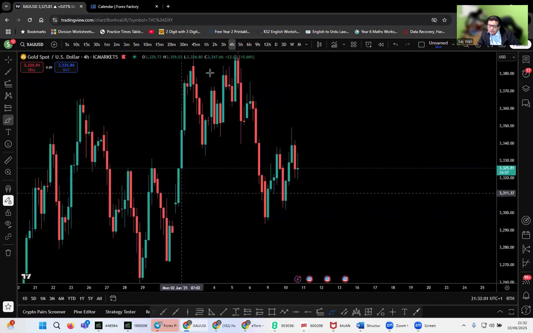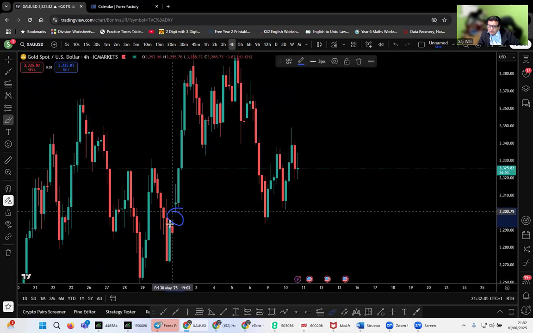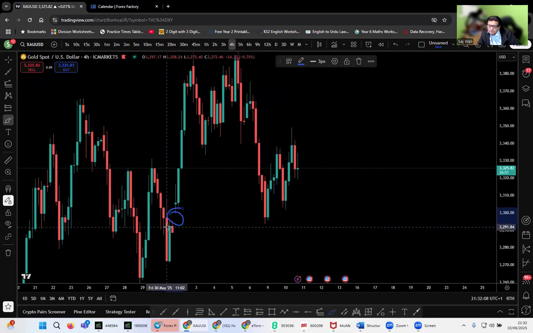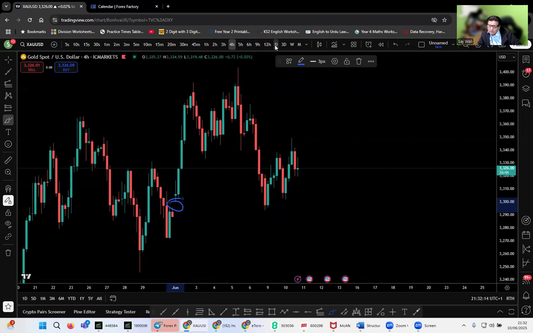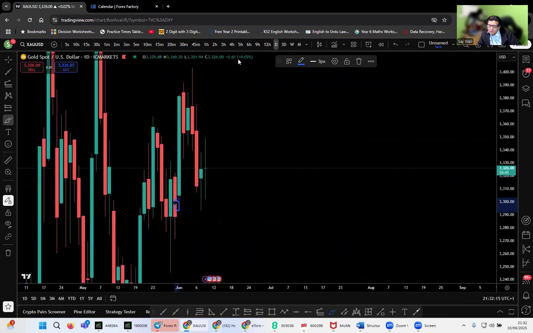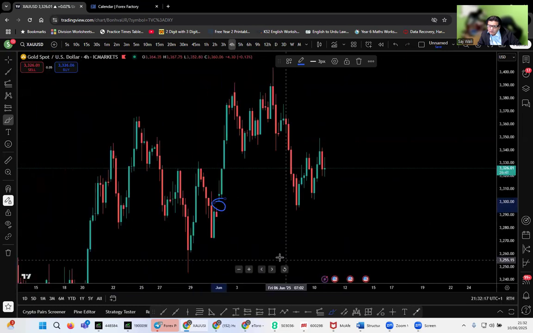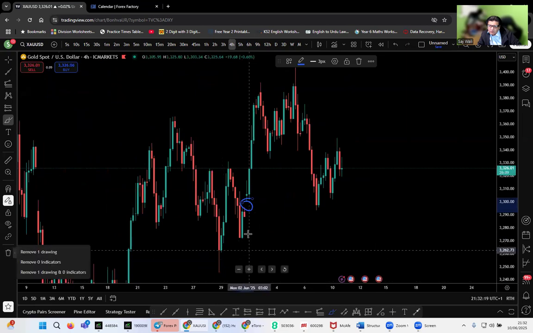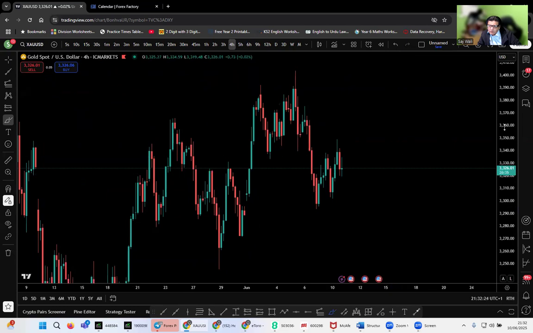Look, this is the 4-hour chart, and this has already been tested. So I don't think the market will come down, especially as the market has to remain bullish. It shouldn't come down and break the levels here.